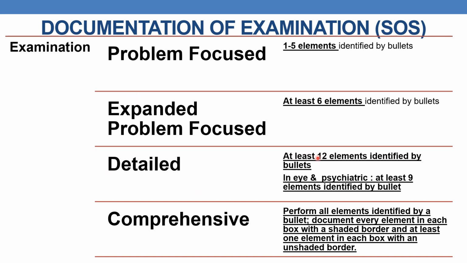And for detailed, at least 12 elements identified by bullet for all organ systems other than eye and psychiatry. In case of eye and psychiatry, at least 9 elements identified by bullet. For comprehensive examination, perform all elements identified by bullet, document every element in each box with a shaded border and at least one element in each box with an unshaded border.